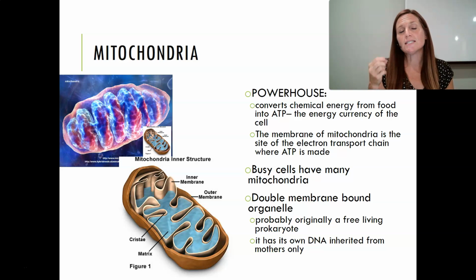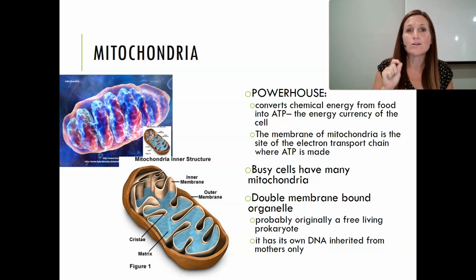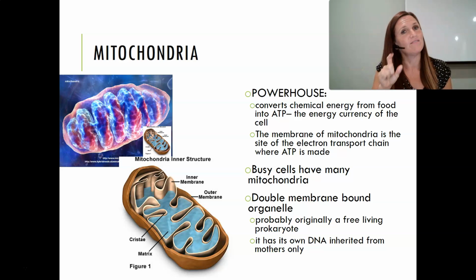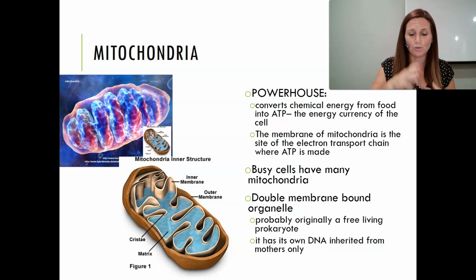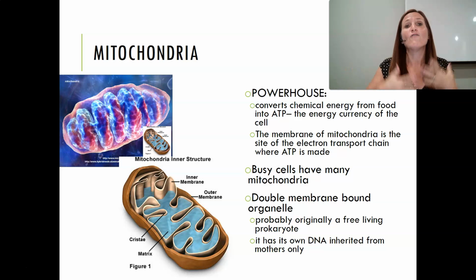The instructions to make a mitochondria are not stored in your DNA. I find that fascinating. You inherit your very first mitochondria from the egg cell of your mother. And that mitochondria goes on to reproduce enough mitochondria for your whole entire body. That's amazing. Your mitochondria are so amazing.